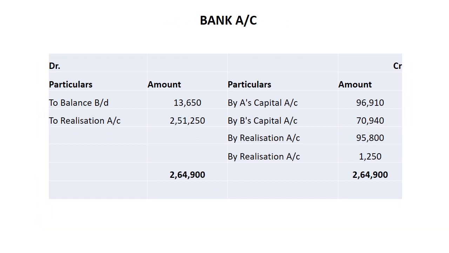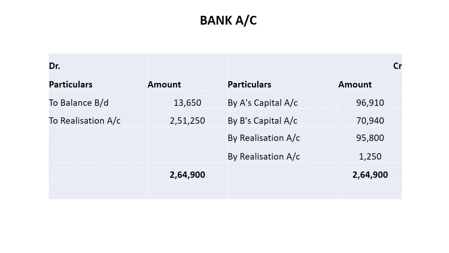Now the bank account has been prepared. To balance b/d, the amount has been transferred from the balance sheet to the bank account. The nature of the bank account is a personal account. Debit all receiving, credit all payment. To balance b/d 13,658 is given to you in the question, and 2,51,250.